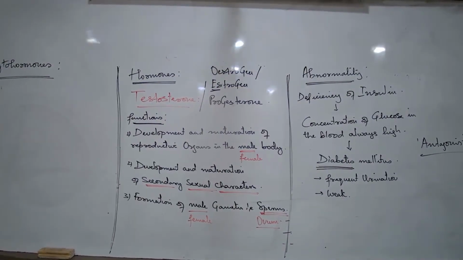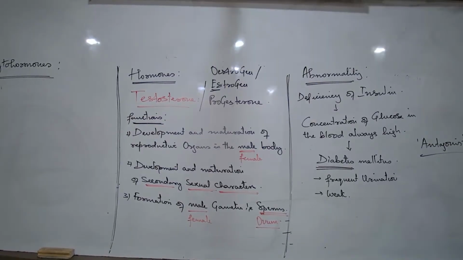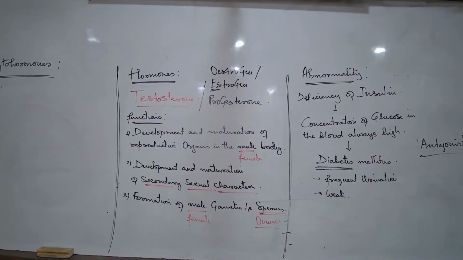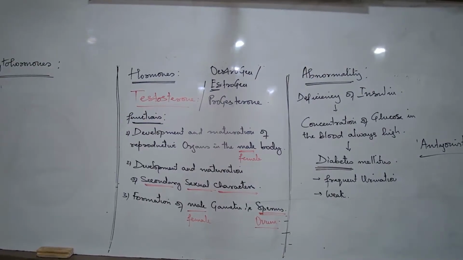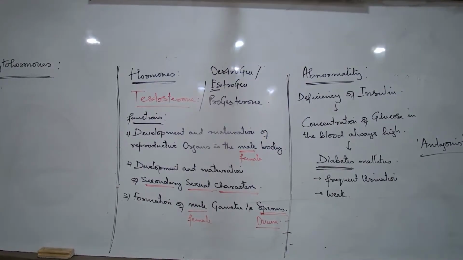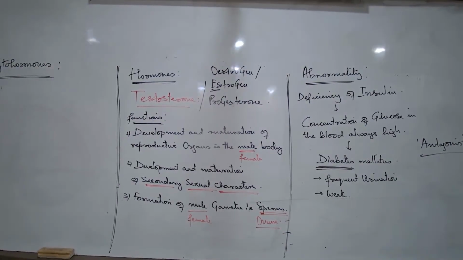Special chemical substances released by plant tissues which bring about growth and metabolism in different plant parts.